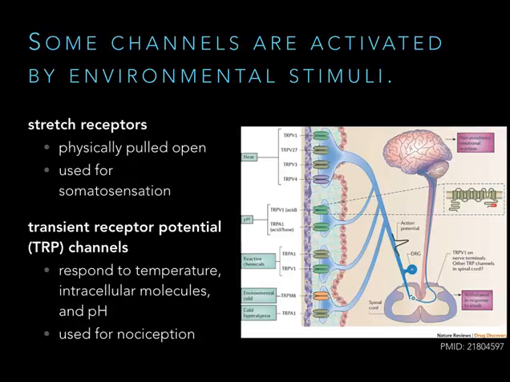Some are activated by heat, some by cold, some by acid. This is a varying family of molecules. But what they're detecting isn't really a ligand per se. I guess pH kind of is. Instead, what they're detecting is the environment. What's the temperature? Is it really hot? Is it really cold?